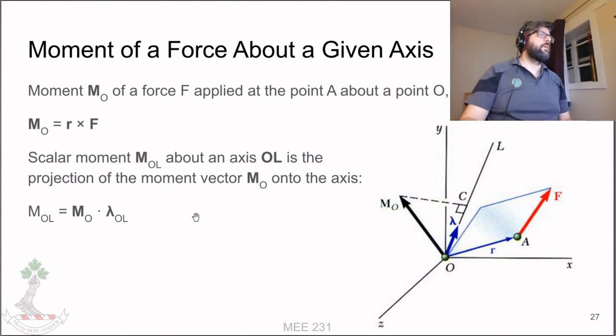We already know how to calculate the moment about a particular point. We take our displacement vector here, take the cross product with the force, and that gives us our moment about O here, about the axis.